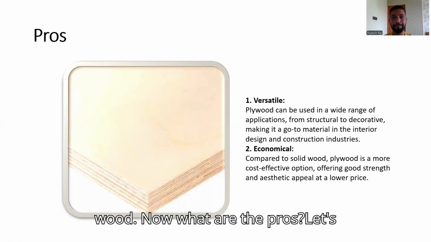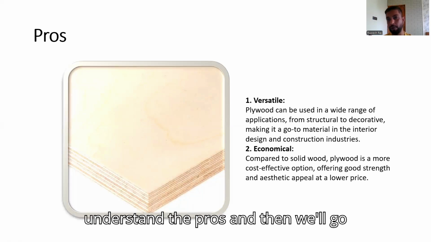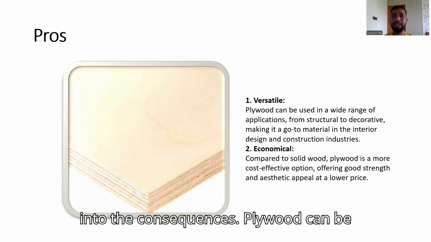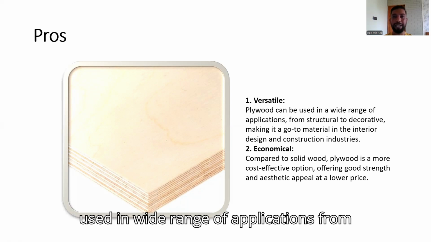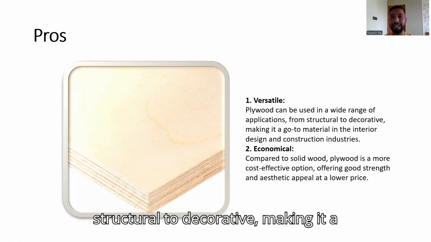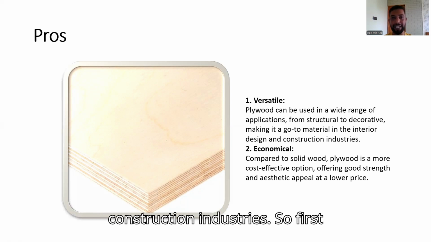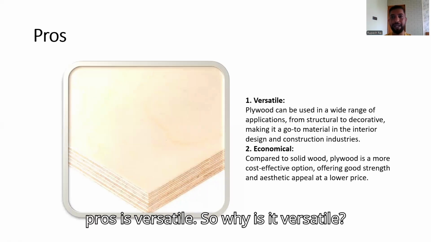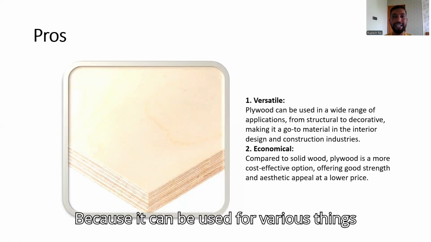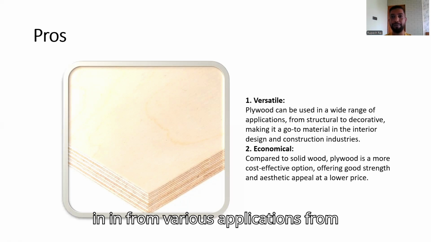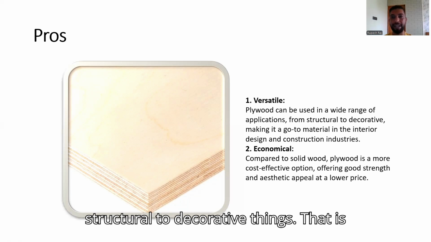Now, what are the pros? Let's understand the pros and then we'll go into the consequences. Plywood can be used in a wide range of applications, from structural to decorative, making it a go-to material for interior design and construction industries. So the first pro is versatile. Why is it versatile? Because it can be used for various applications, from structural to decorative things.